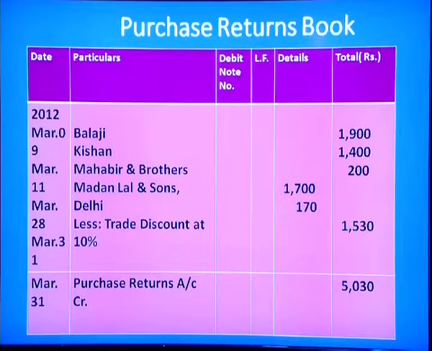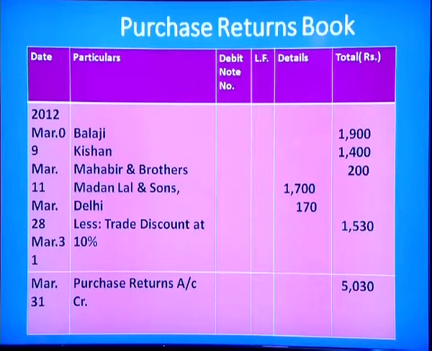In the purchases returns book, we will write the name of that particular person, that is Balaji, in the particulars column, and the amount of goods returned will be written in the amount column. And we have returned goods to Kishan on March 11th. The details of the person, that is Kishan, will also come in the particulars column, and the amount in the respective column.